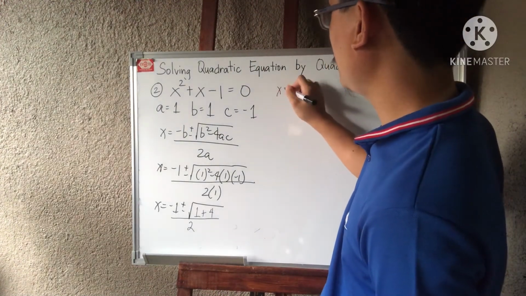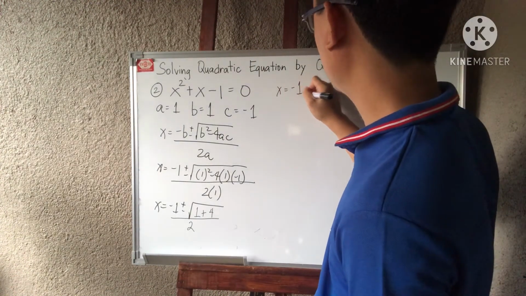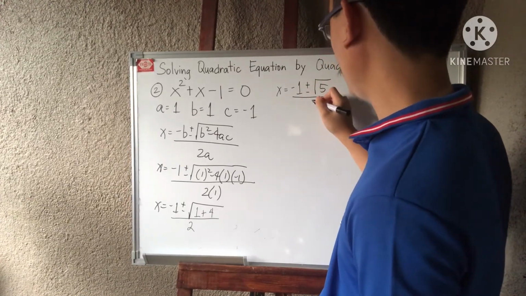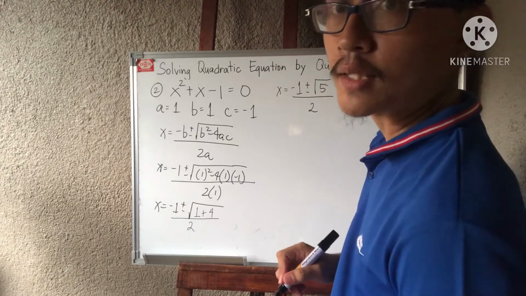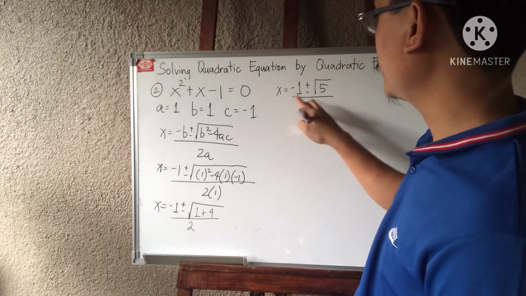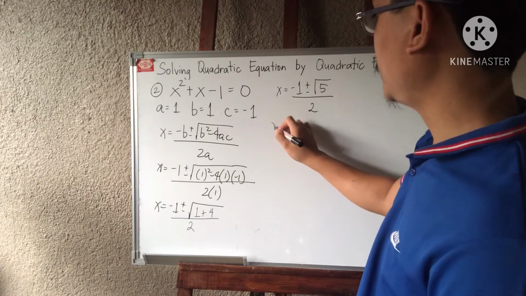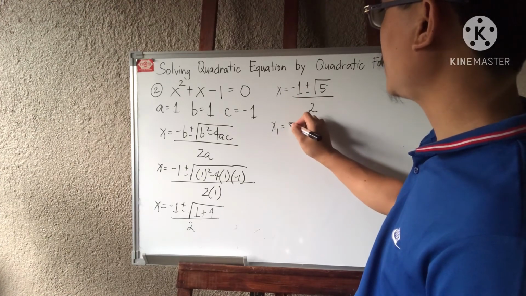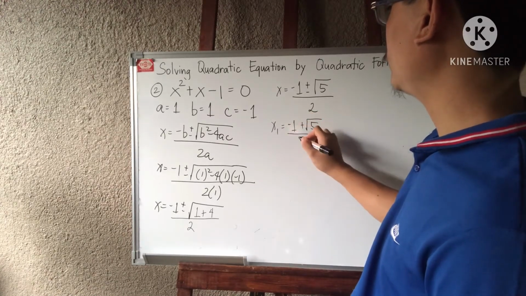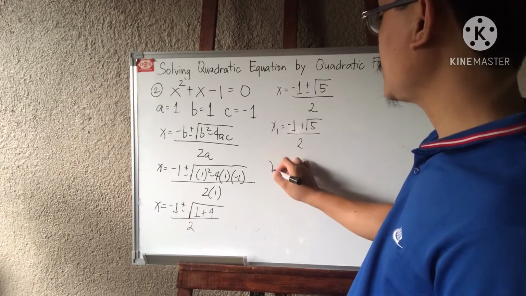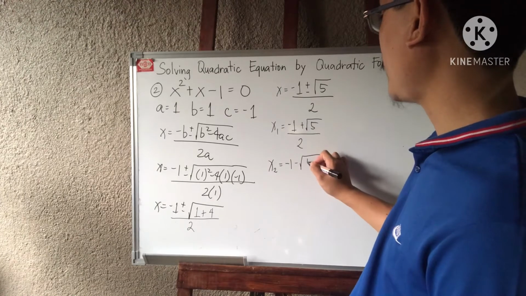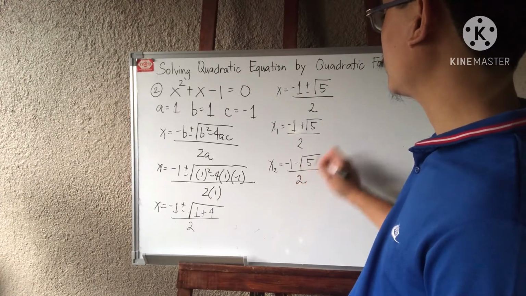So, x now is equal to negative 1 plus minus square root of 5 over 2. That's the final answer. So, there are two solutions. The first one is, lagay lang natin to emphasize, negative 1 plus square root of 5 over 2. Then, the second root is negative 1 minus square root of 5 all over 2.